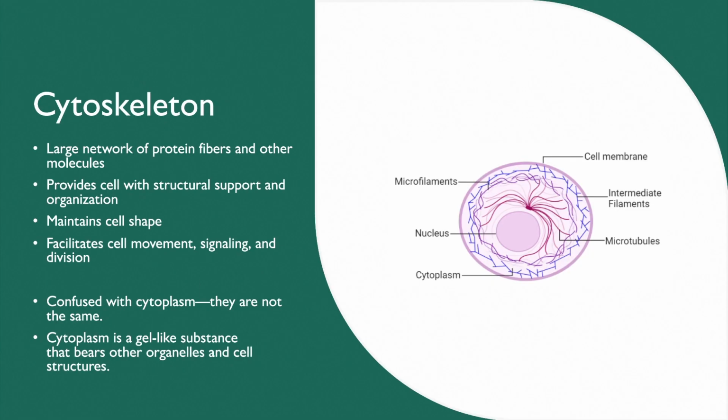The next organelle we have is the cytoskeleton. The cytoskeleton is a large network of protein fibers and other molecules. It acts as the cell's framework, as it provides the cell with structural support and organization. The cytoskeleton's other purposes include maintaining cell shape, facilitating cell movement, cell signaling, and division.